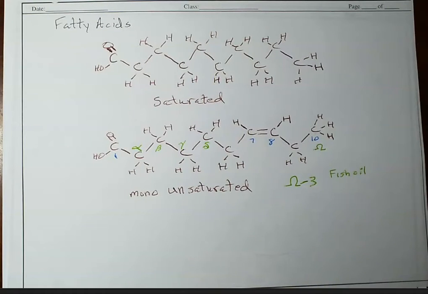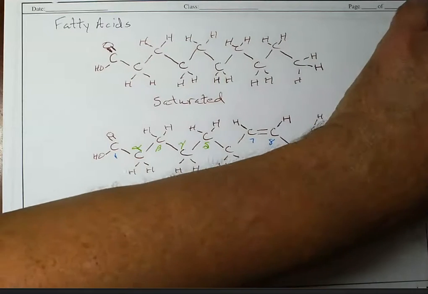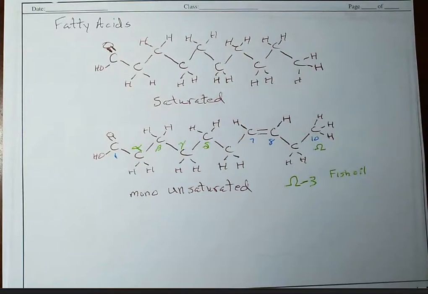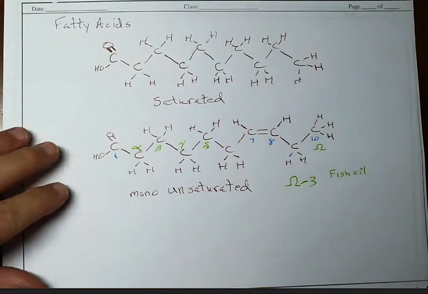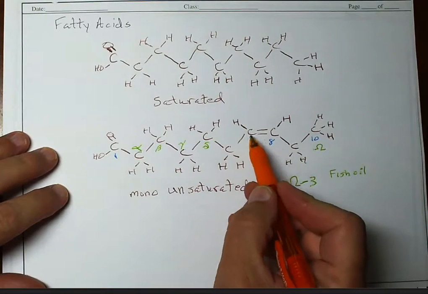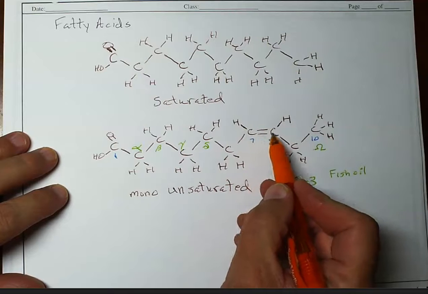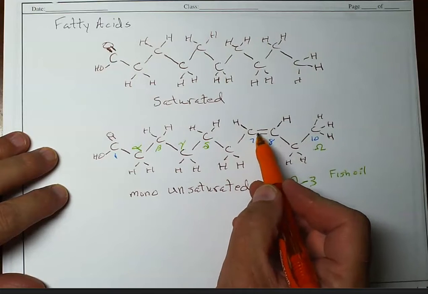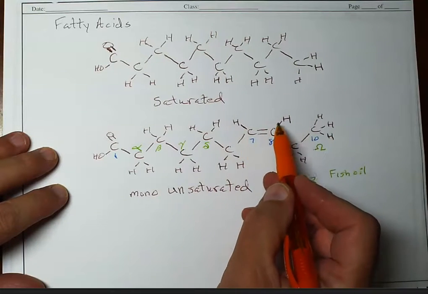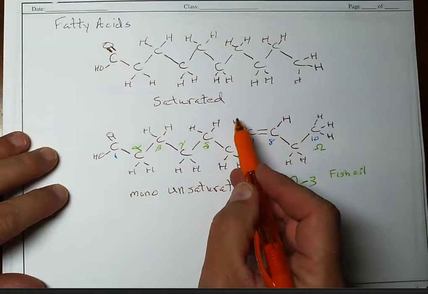Another buzzword, and this is kind of the new darling buzzword in nutrition and health food circles, is going to be this. We see here that around this double bond, the two hydrogens both ended up in the way I drew it.